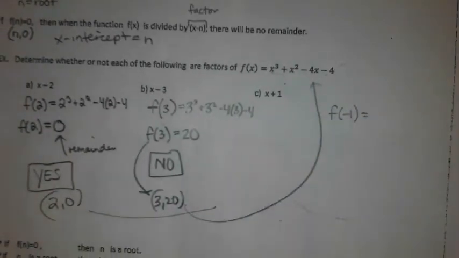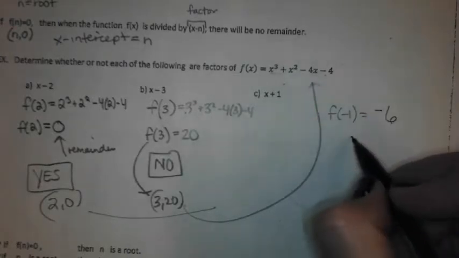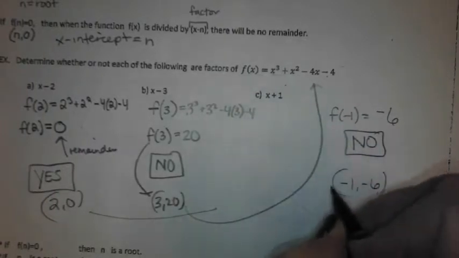Go ahead and do that. What do we get? -6. So was it a factor? No. But (-1, -6) is also a point on my graph.